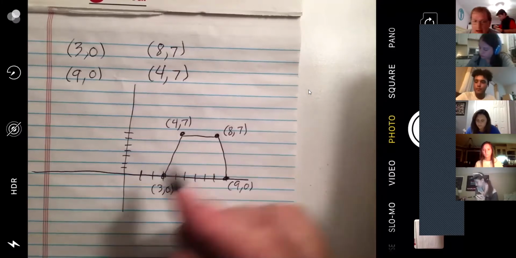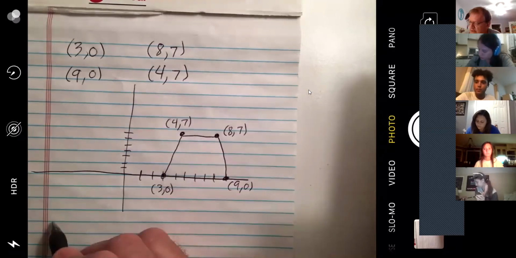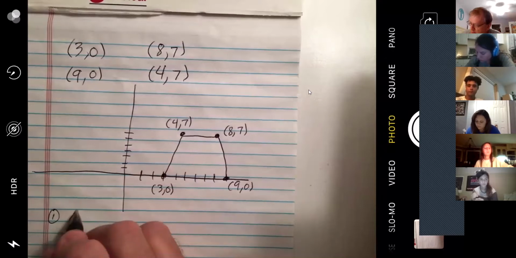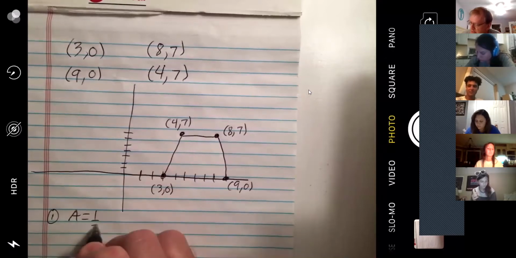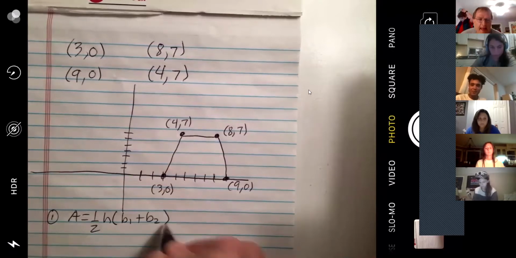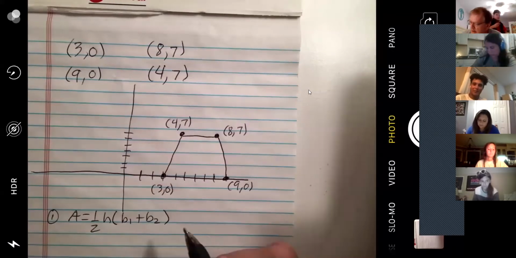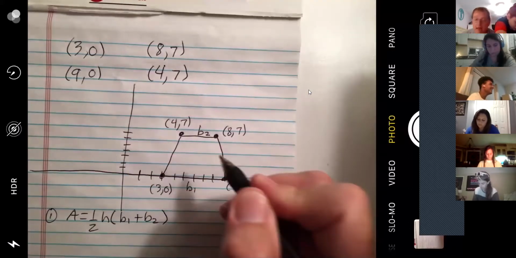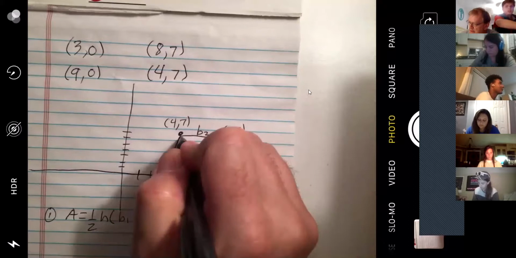I'll show you that, and if it doesn't ring a bell, I'll show you method two. The formula is 1/2 times h times (b1 plus b2). The b1 and b2 are these bases, the lengths of them. The h is this vertical distance.